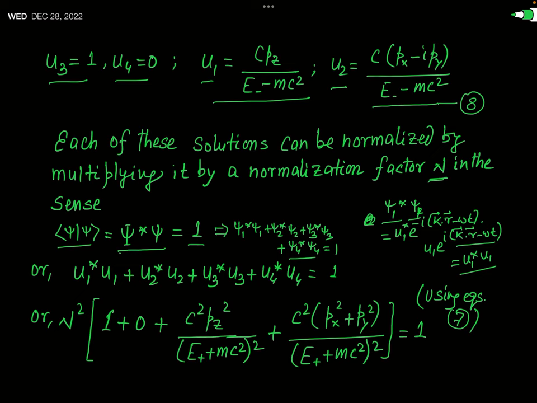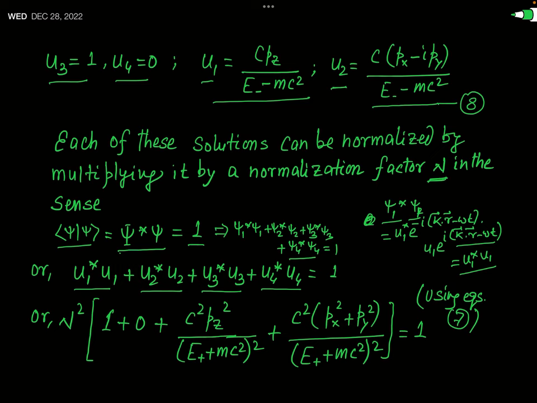So I have written it like this: u1 star u1 plus u2 star u2 plus u3 star u3 plus u4 star u4 equal to 1. But as we have considered that n is the normalization factor, when we substitute the values of these numbers, you have to multiply each and every u1, u2, u3, u4 by n.